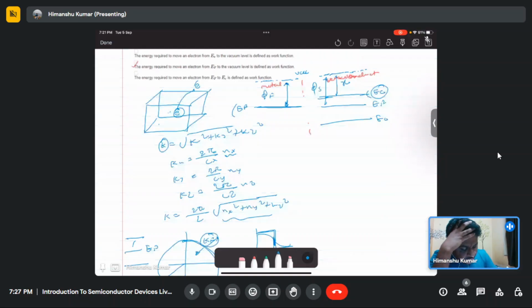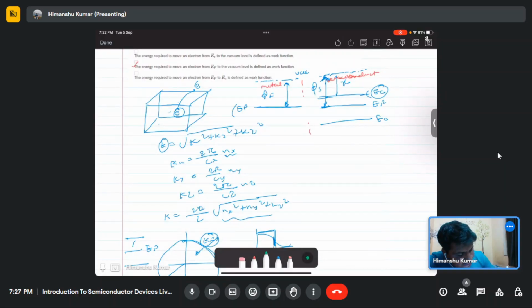Similarly, there is also the concept of semiconductor work function. Basically it is defined as the energy needed to eject the electron from the Fermi level to the vacuum level.